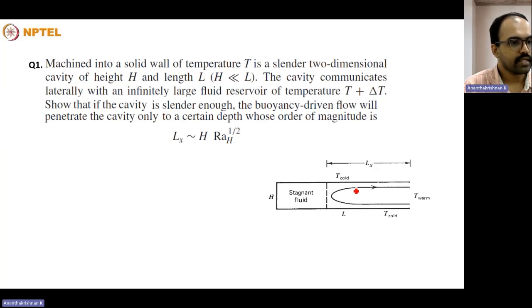So the solid wall is at the temperature T, and the reservoir is at a temperature T plus delta T. If you assume this T cold will be T and T warm will be T plus delta T, we need to show that if a cavity is slender enough, that is, this dimension is very much higher than this dimension, the buoyancy driven flow will penetrate the cavity only to a certain depth whose order of magnitude is given by this formula.